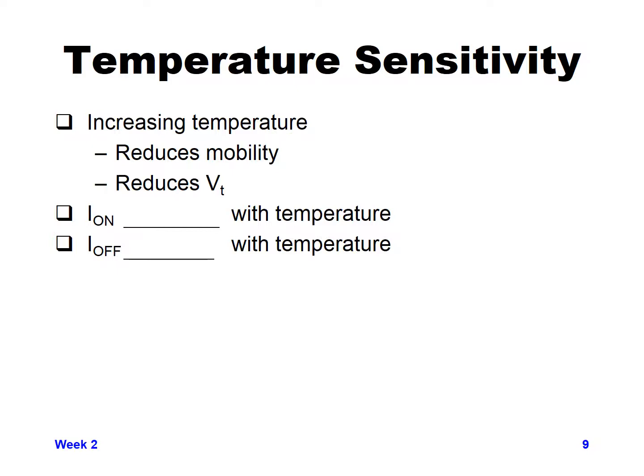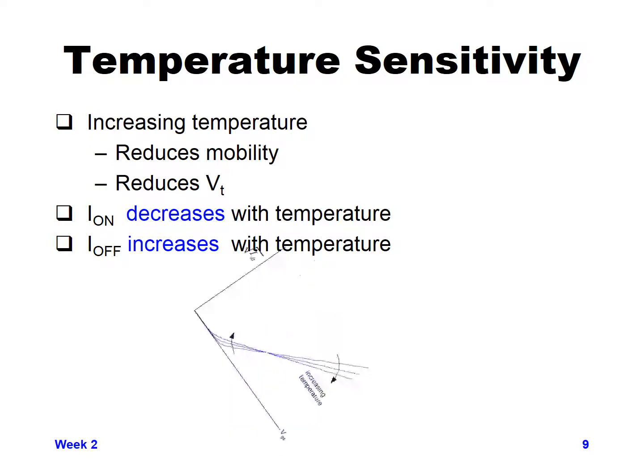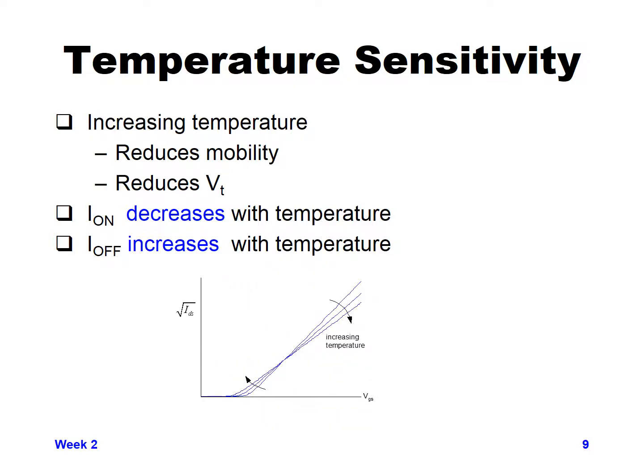The reduction in mobility causes the maximum on current that the transistor can sink or source to decrease with temperature, and the reduction in VT winds up causing your I off value to increase with temperature.